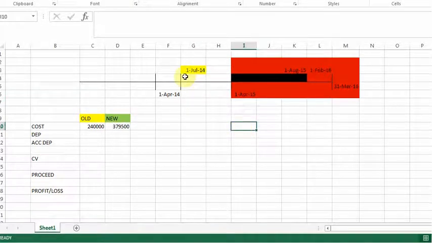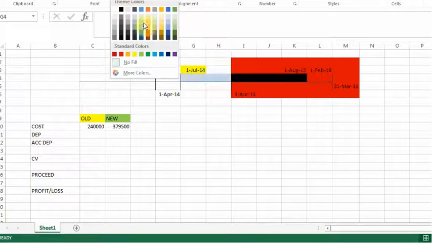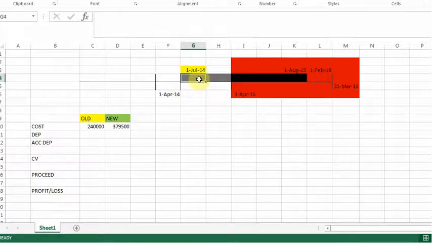It was purchased on 1 July. So I'm going to highlight this part, let's say in gray. So the gray part will then be your accumulated depreciation, while the black portion will be the depreciation for the current period.